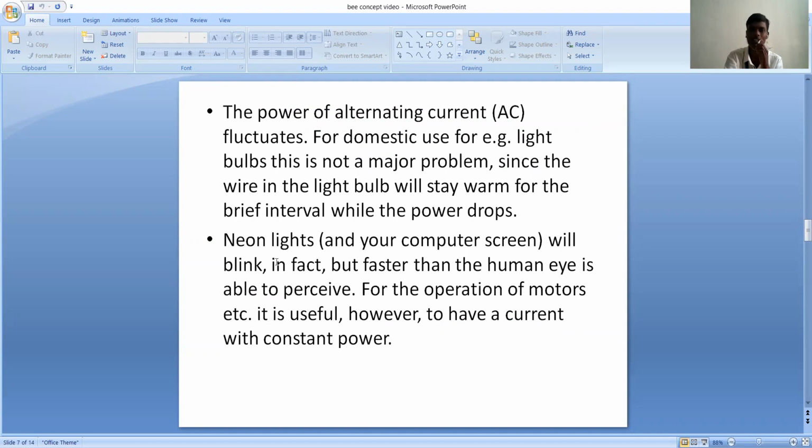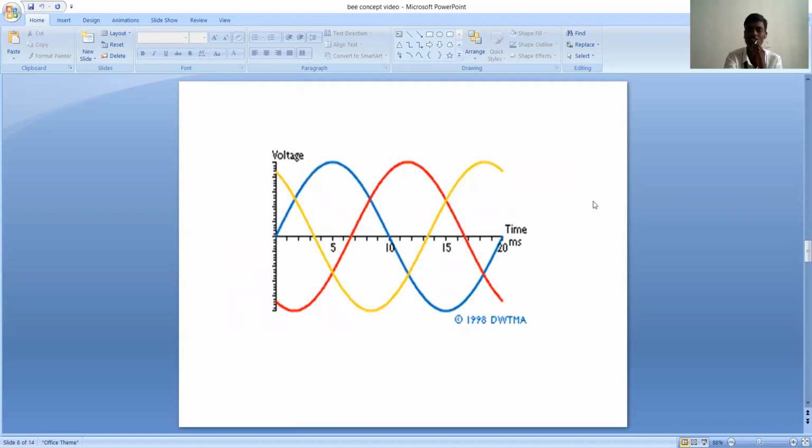Neon lights and your computer screen do blink, in fact, but faster than the human eye can perceive. For the operation of motors, it is useful to have a current with constant power. And this is a graph of voltage and time, showing waves.